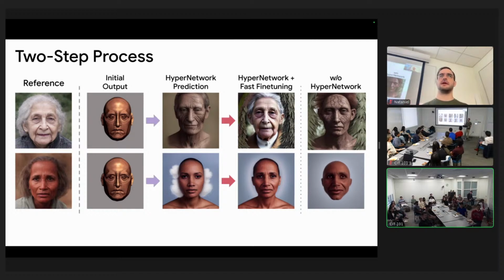Some people do 2,000 iterations, so this takes from 5 to sometimes 20 minutes. So you get something much better in the end, very comparable to full DreamBooth results. And if you try to do the fast fine tuning without the initialization of the hyper network, you get somewhere, but it's not really where you want to get.